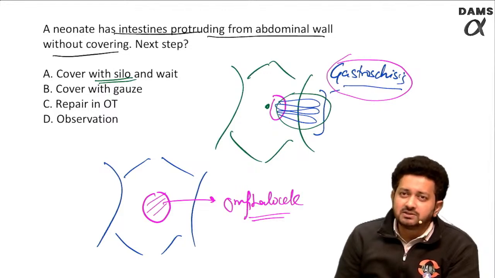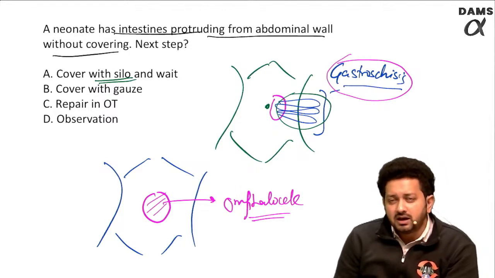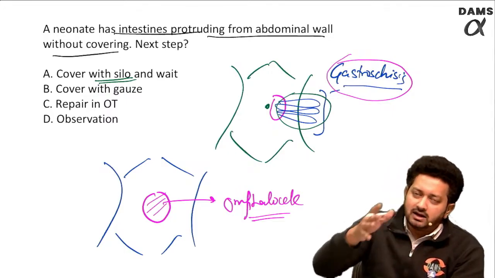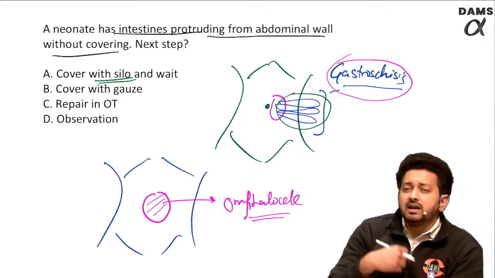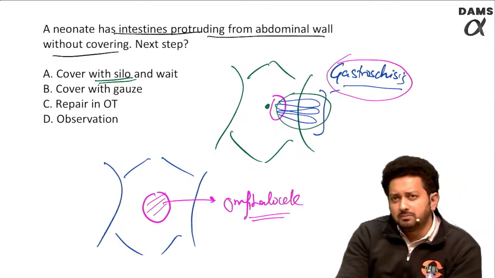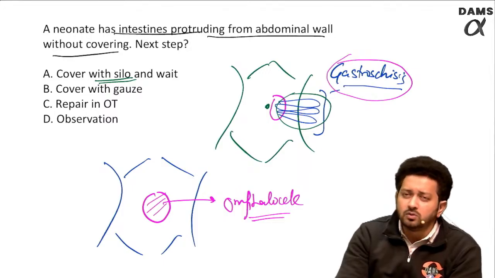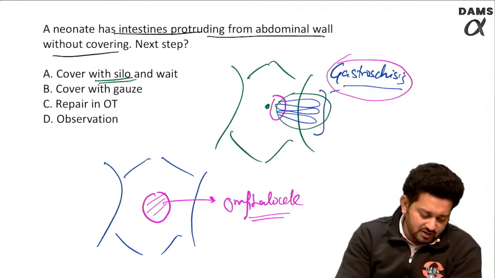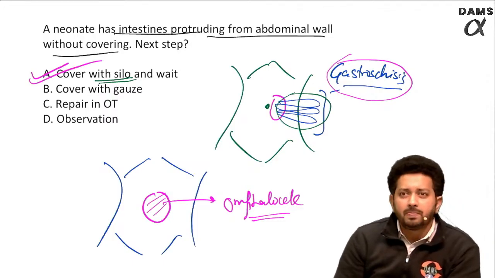So the first step is to put the intestine back in the abdomen, and after it is inside, you can do the closure. Either you can do the closure or you let it heal by secondary intention, and later on in childhood, you can do the repair like you do repair of an incisional hernia. So the initial step is cover with silo and wait.